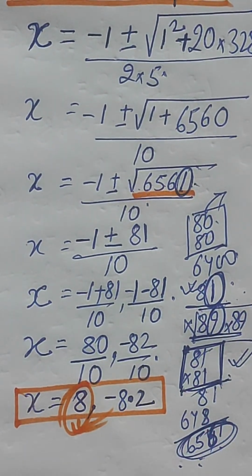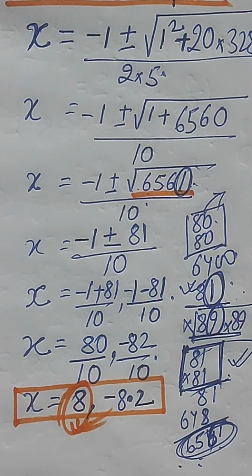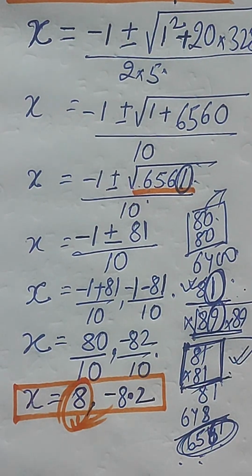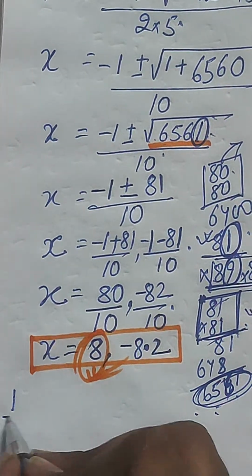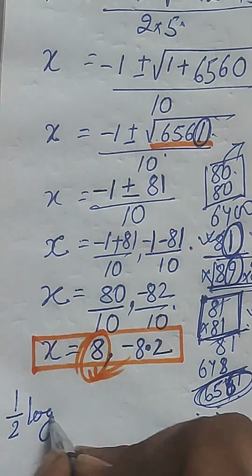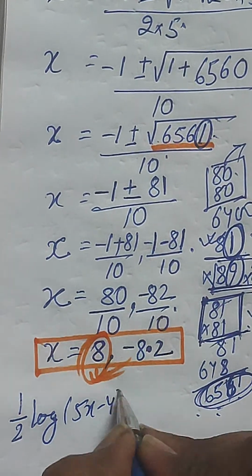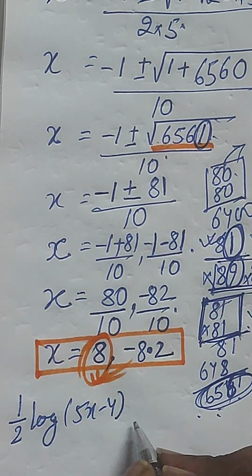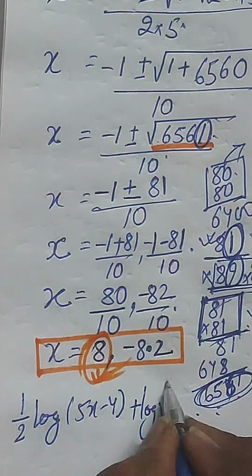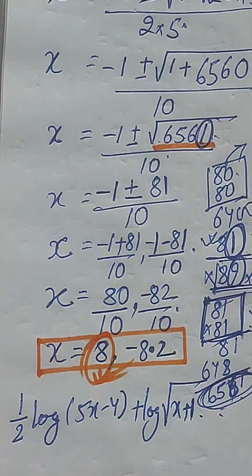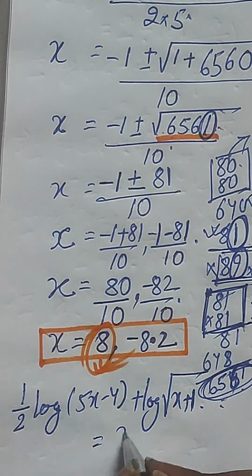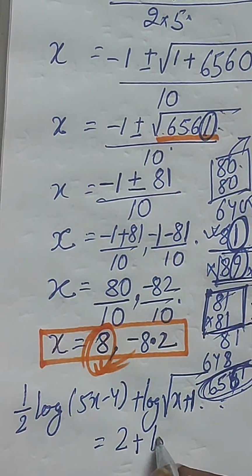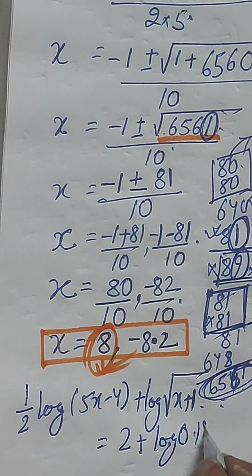So this was the solution for the question, half of log of 5x minus 4, plus log of root of x plus 1, is equal to 2 plus log of 0.18.